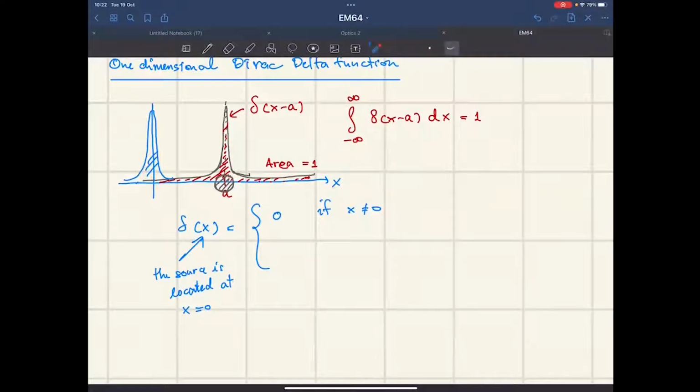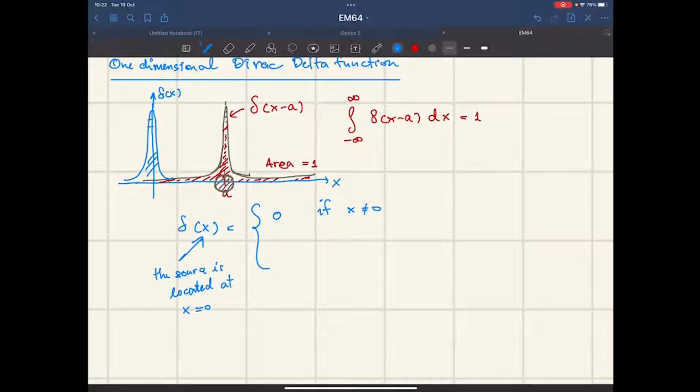So if x is not equal to 0, it's not this point here, it's a point away from the source. Everything is 0 here. You might think, okay, Ajahn, why is this thing 0? Because you can see that there's some value here, right?